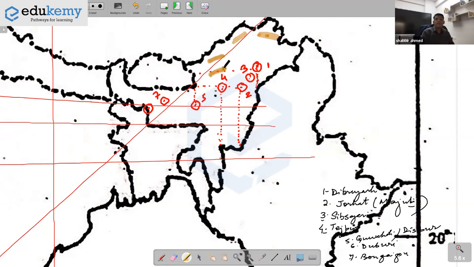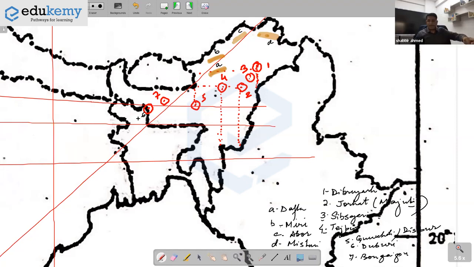Remember these mountain ranges. If I name them A, B, C, and D: A is Dafla. B is Miri. C is Abor Hills, and D is Mishmi. Will you remember?